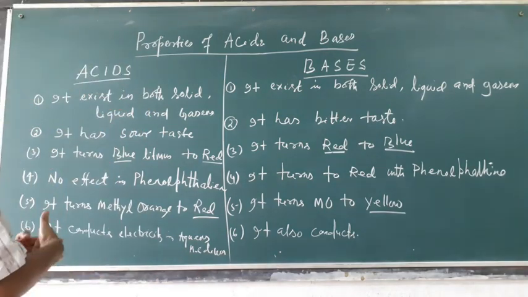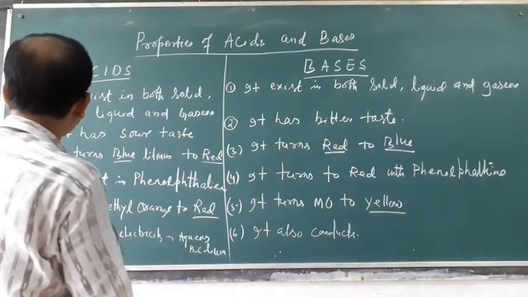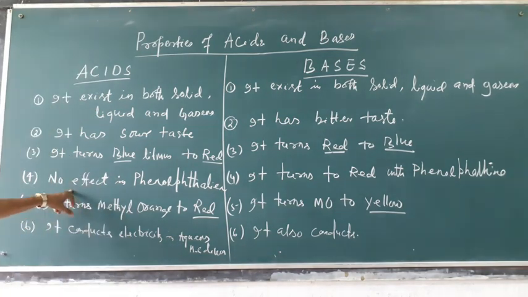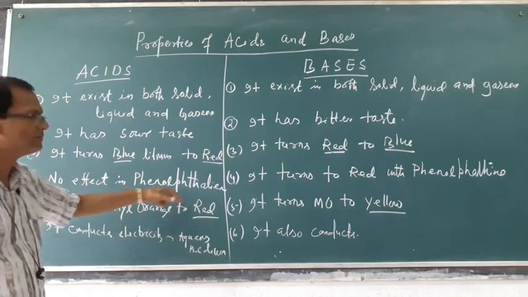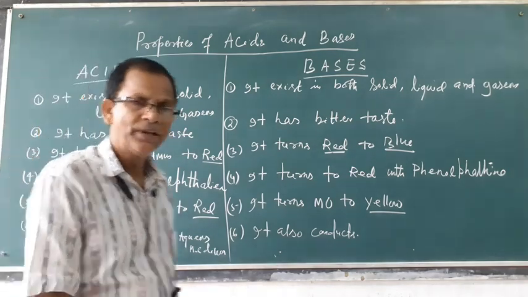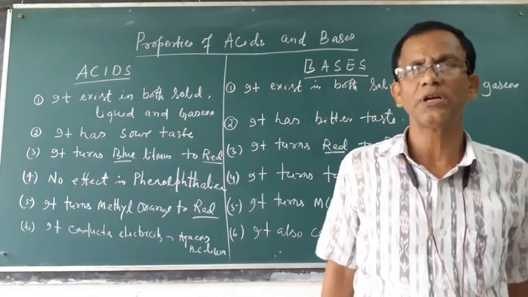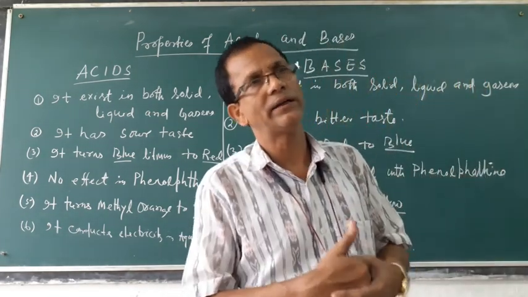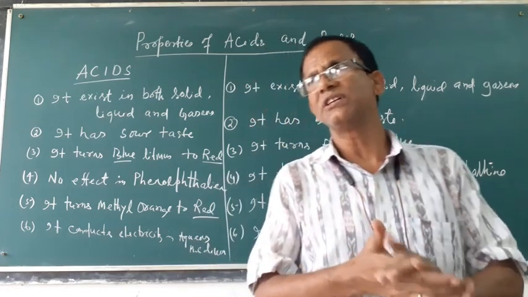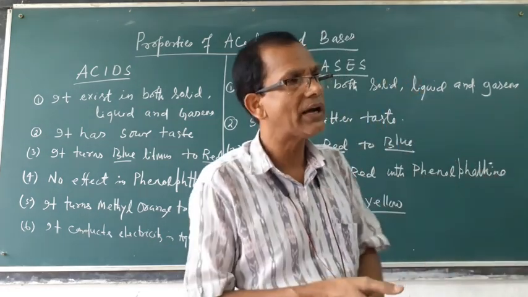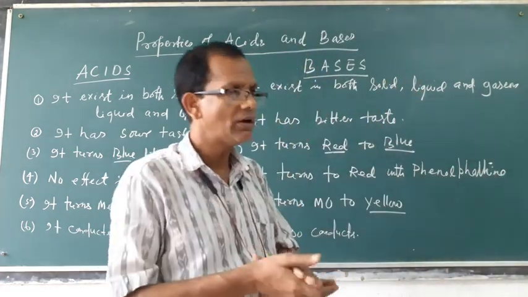Then let us discuss another important characteristic of acid and base, the fourth point: no effect on phenolphthalein. Phenolphthalein is an indicator, a chemical which identifies acid and base by changing the color.